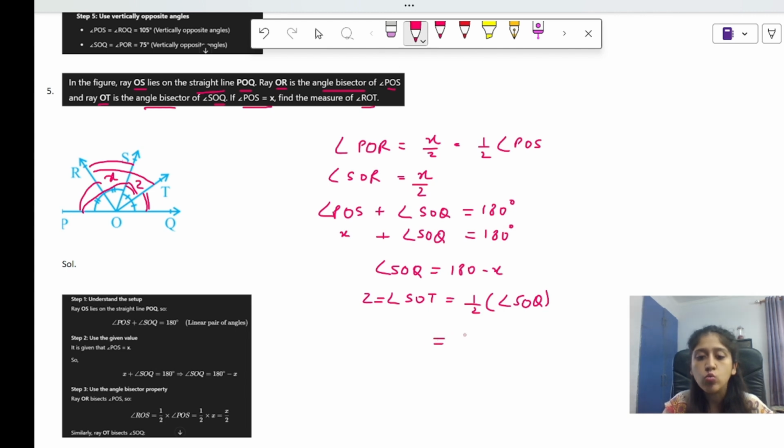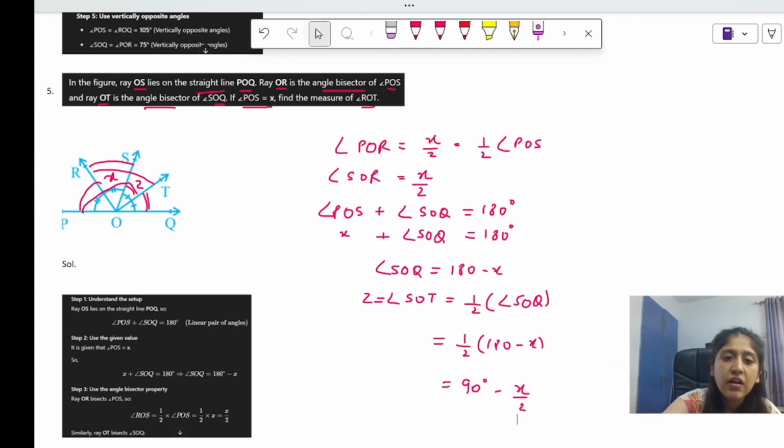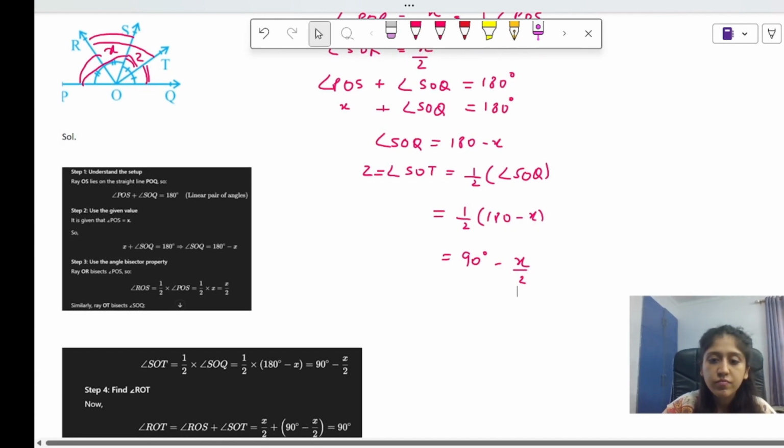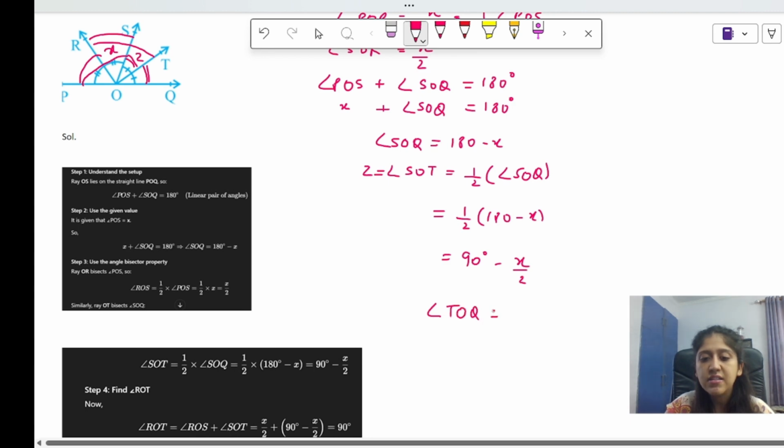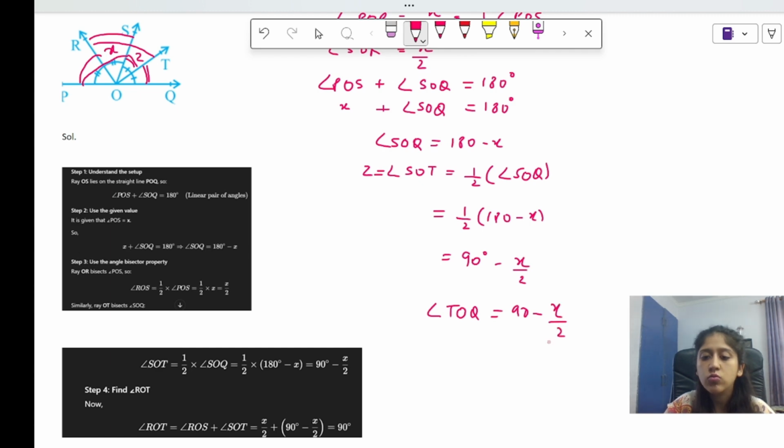What is angle SOQ? Half of 180 degree minus X. Can I write this as 90 minus X by 2? Yes. So I have found out SOT. ठीक है. And similarly, I can also write my angle TOQ as same 90 minus X by 2.